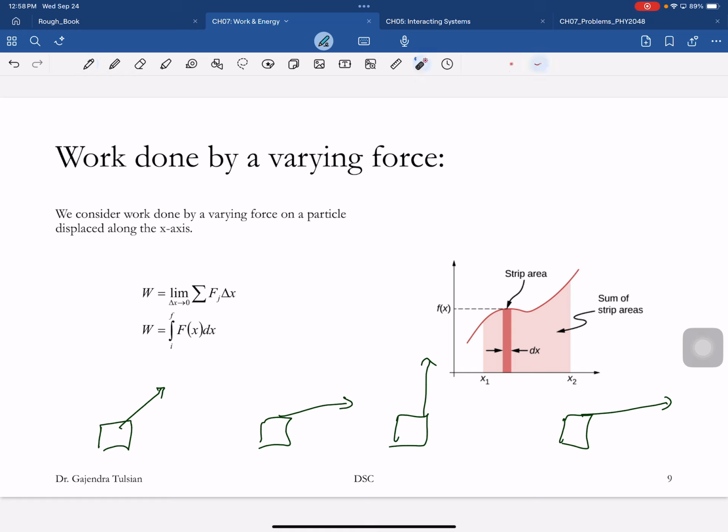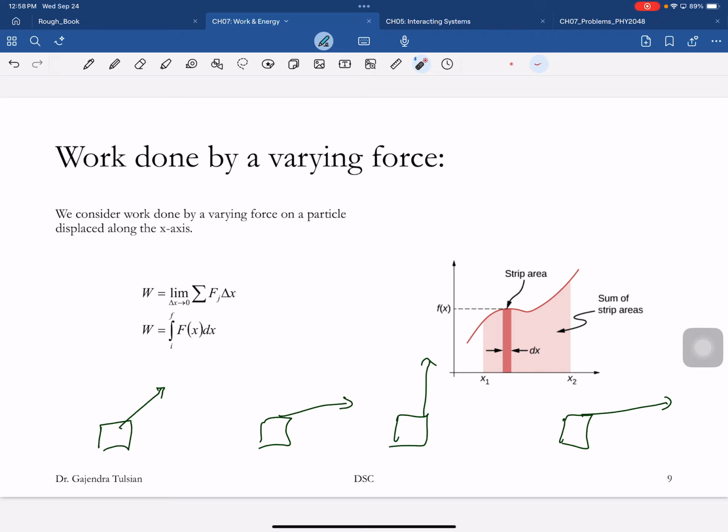So you see I'm changing the magnitude and direction of the force. Well, you're not afraid of this anymore. You've learned calculus. You know how to calculate the work done when the force is constant and the displacement is straight.